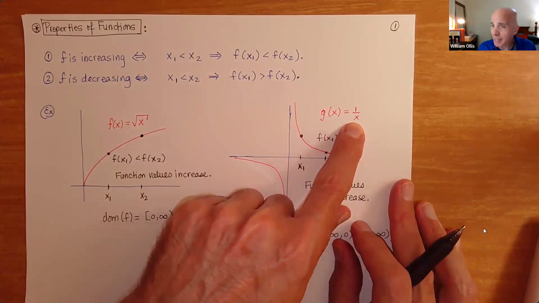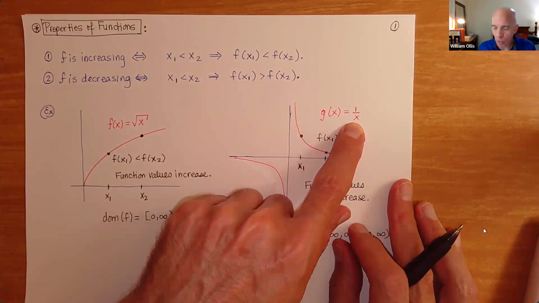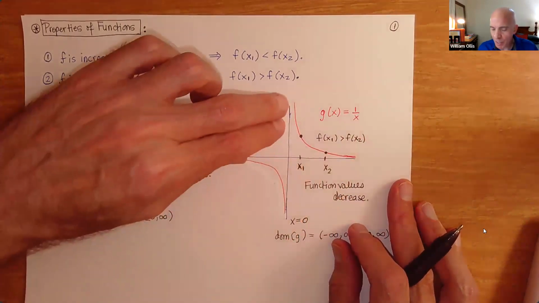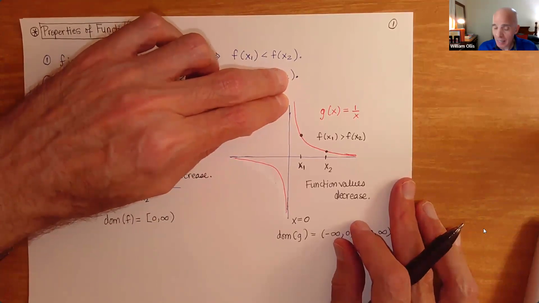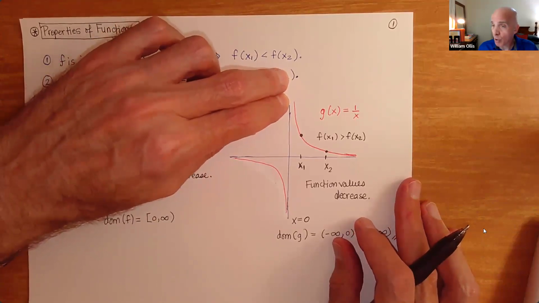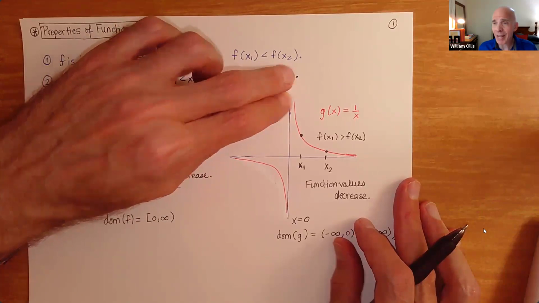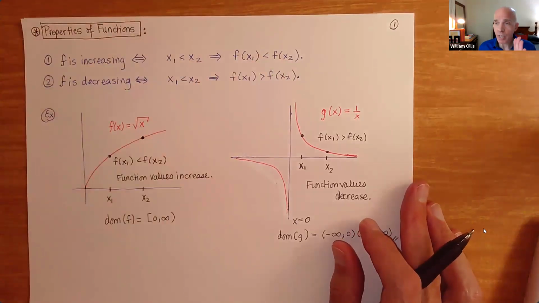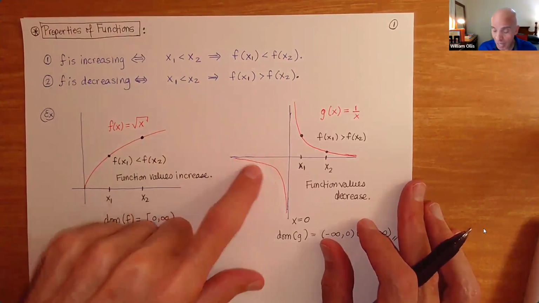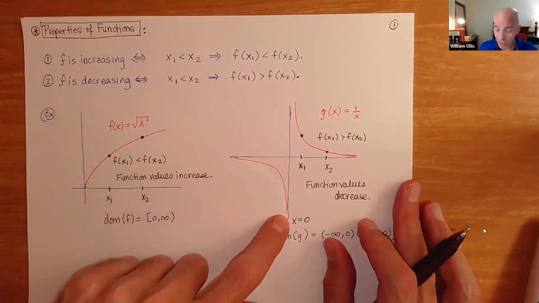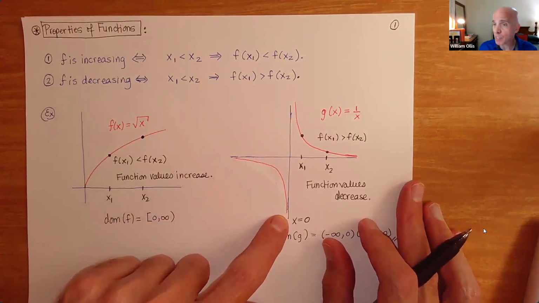And so what's happening as x approaches 0 from the right, the function becomes larger and larger and is unbounded. The closer you get to 0 from the right, without actually getting to 0, the function values can be made arbitrarily large. Now, from the negative approach, what happens is that our function values get infinitesimally small.